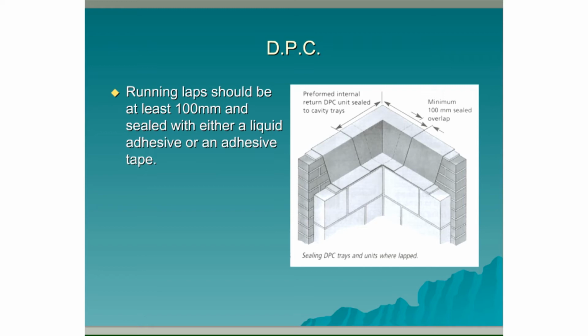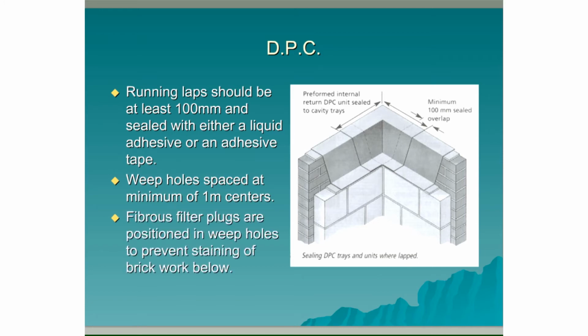Running laps should be at least 100 mm and sealed with either a liquid adhesive or an adhesive tape. Weep holes should be spaced at a minimum of 1 metre centres. Fibrous filter plugs are positioned in weep holes to prevent staining of brickwork below.